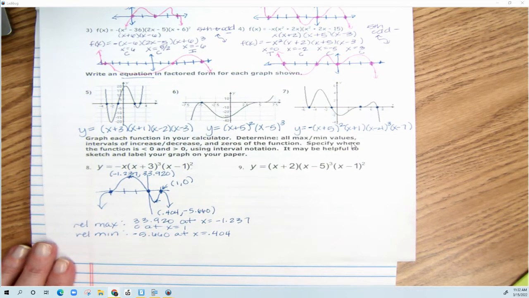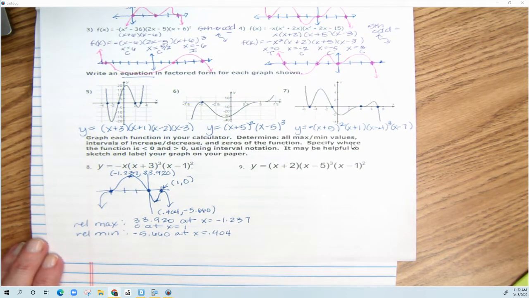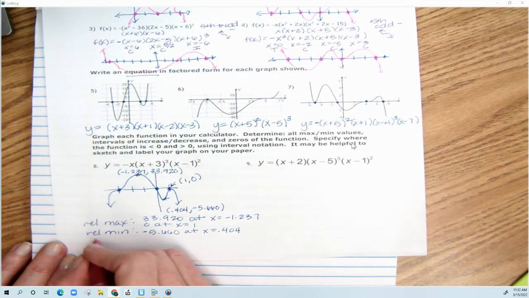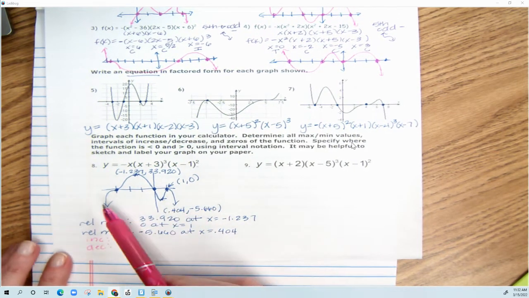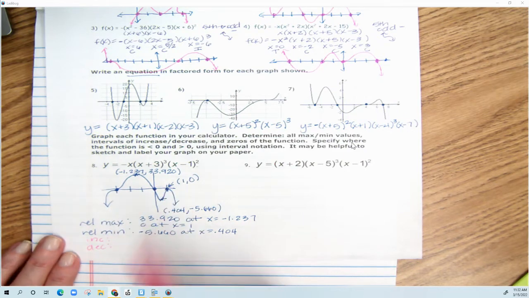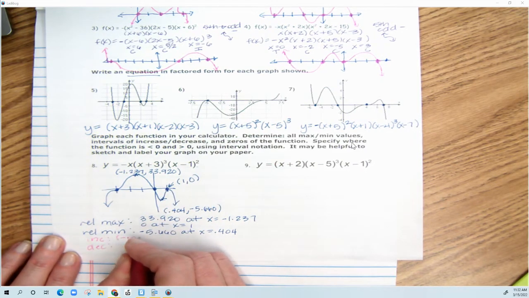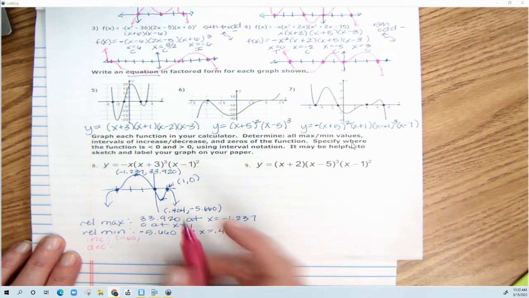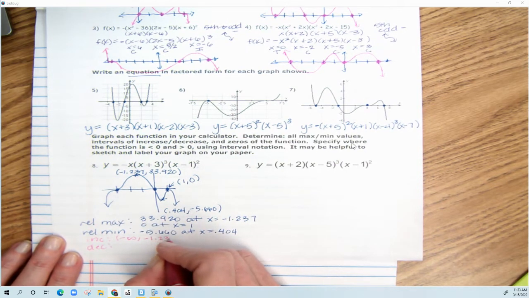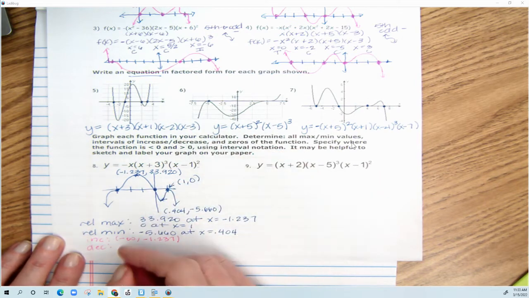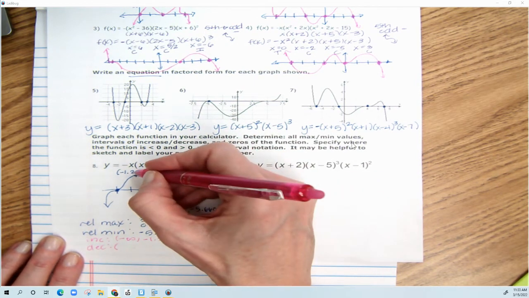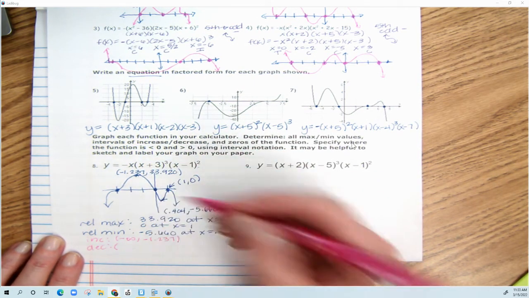All right, your intervals of increasing and decreasing. I do those together because I move from left to right. It's starting on an increase, so it's negative infinity to the first x value. Then as soon as it gets to the turn, it switches to a decrease, from this x to this x.